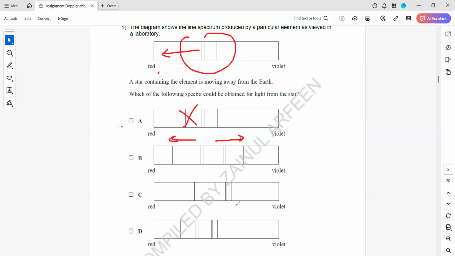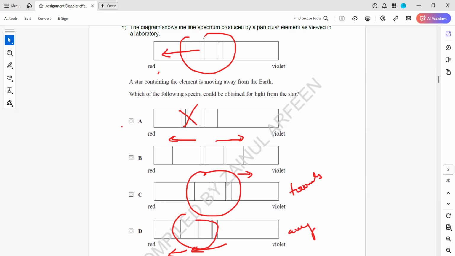For this one, the pattern does not change and it is shifted more towards the violet. And for D, it has shifted more towards the red. This position has changed, so the whole pattern is shifted towards the red. This will happen if it was moving towards us, a blue shift, and this is happening when it is moving away. Is it clear?